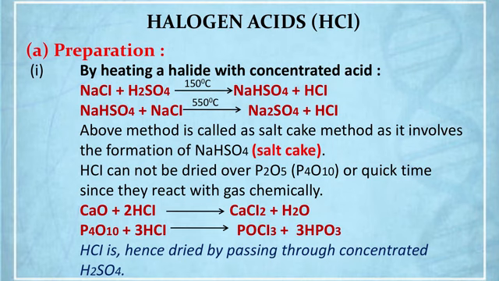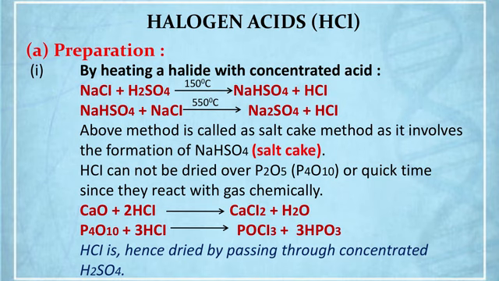Next, compounds of halogen: halogen acids. The first halogen acid we are going to discuss is hydrochloric acid. Let's first see the methods of preparation of hydrochloric acid. First, by heating a halide with concentrated acid.